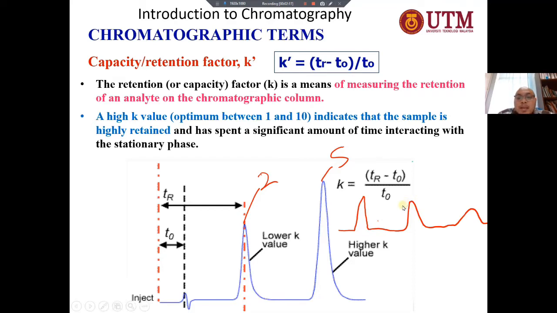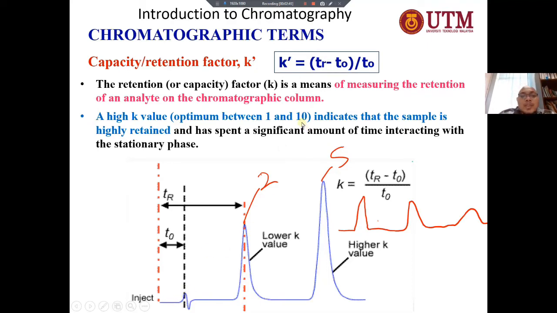To calculate the capacity factor, we need the adjusted retention time over the dead volume, or the retention time of the peak minus the dead volume divided by the retention time of the dead volume.